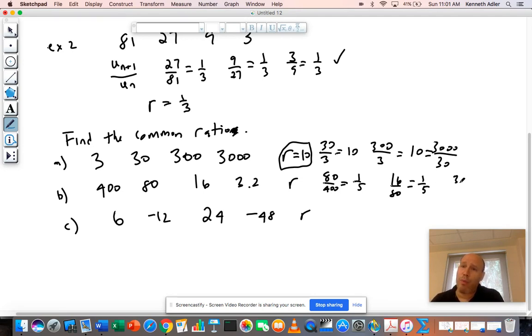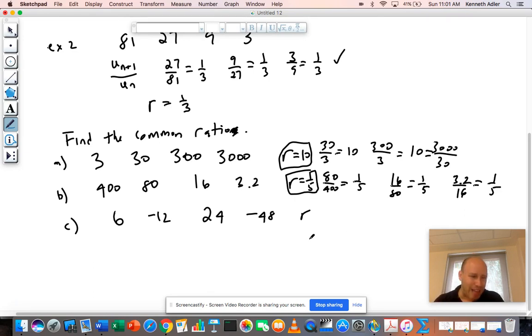And then 3.2 over 16. By hand, I don't want to calculate division of decimals, but you don't have to. Put it in your calculator. You get 1/5. The common ratio for this geometric sequence is 1/5.